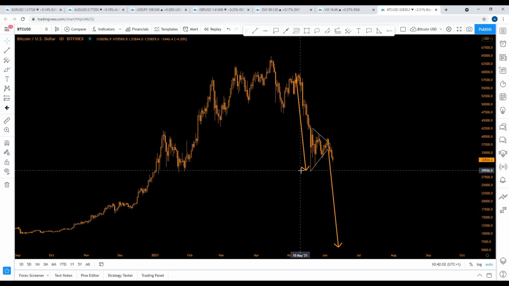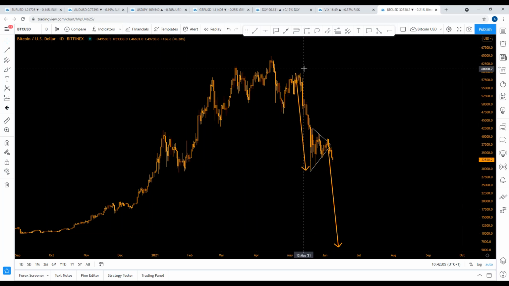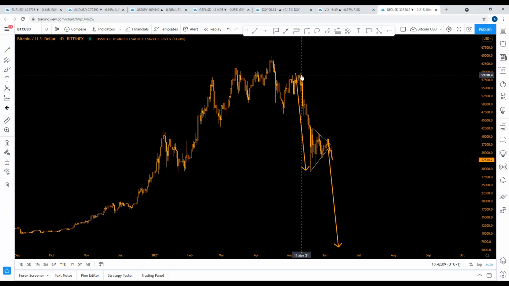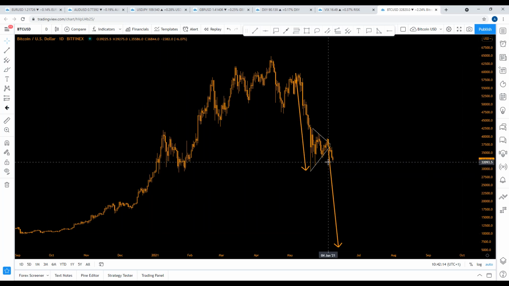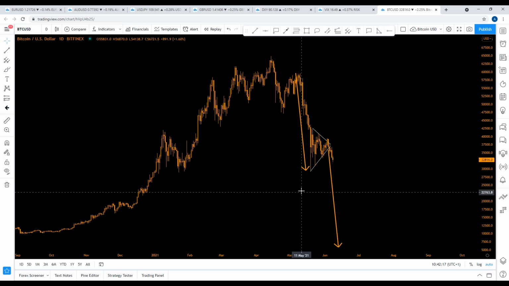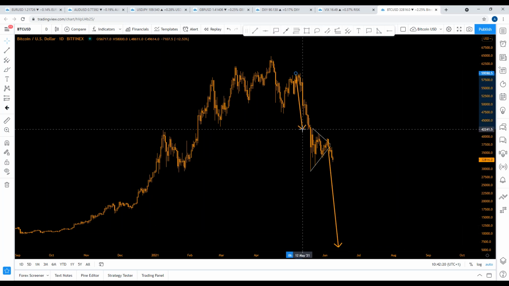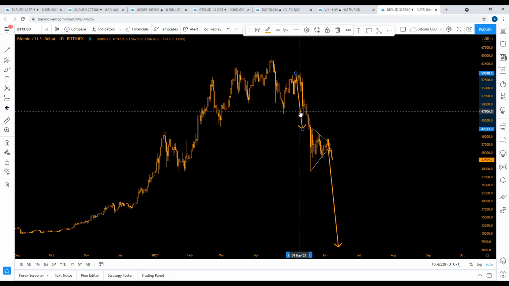Another way you can actually project pattern targets. The textbook way of projecting pattern targets is taking the distance of the preceding leg, from this point here to this point here, and simply extending this from the breakout point. However, a lot of traders I've seen use it like this, me included actually, because I find that they reach the targets much easier because it's less of a distance to reach.